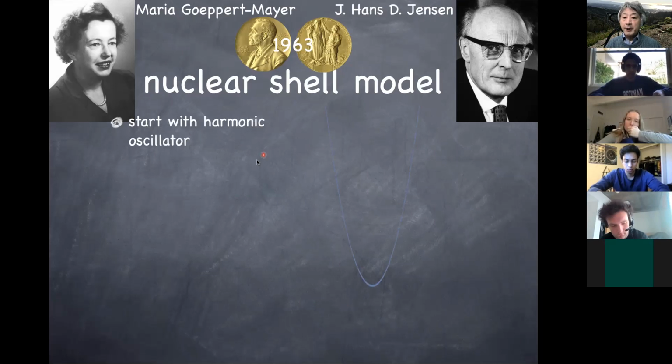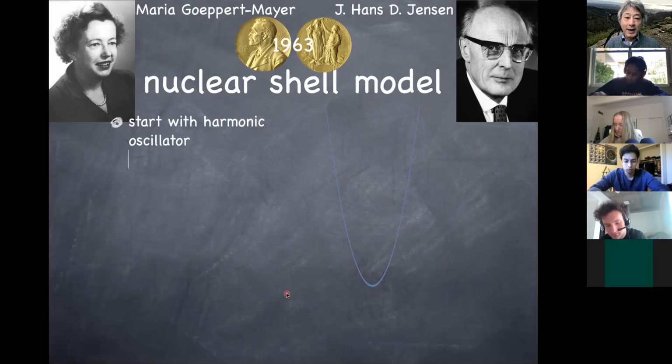So you start with the idea of just a simple harmonic oscillator. And as you see, physicists always start with harmonic oscillators because this is something we know and we can solve. So just pretend that the nucleus is the same thing as putting neutrons and protons into this harmonic oscillator potential as the 0th order approximation. But this is the 3-dimensional harmonic oscillator.